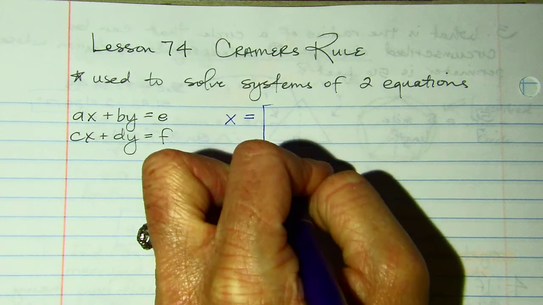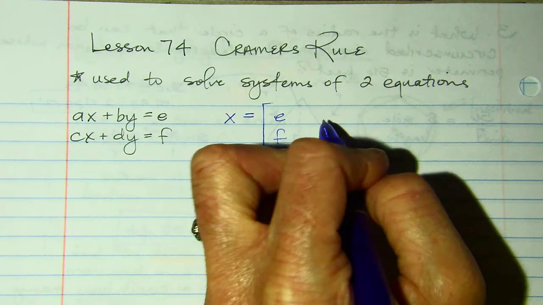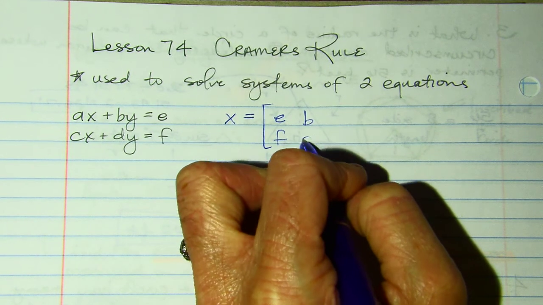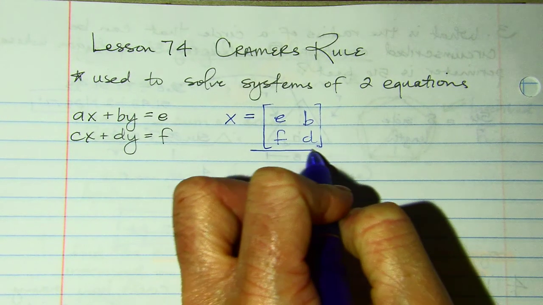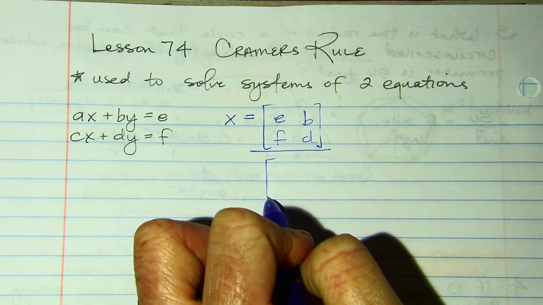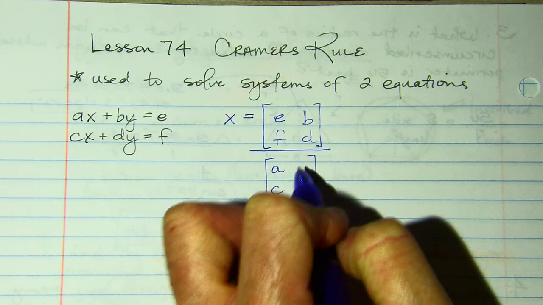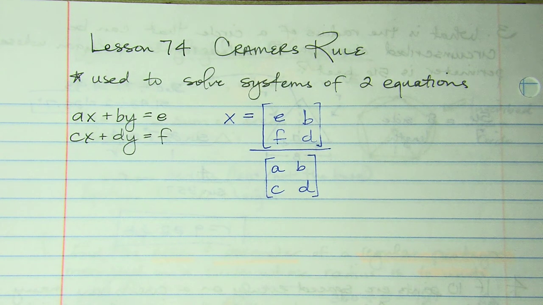So the top matrix is E, F, and then B, D. So for X, you don't use the coefficients in front of X. And then we're going to divide that by the coefficients in front of X and Y. So A, C, B, D. So those are the coefficients you're using to find X.